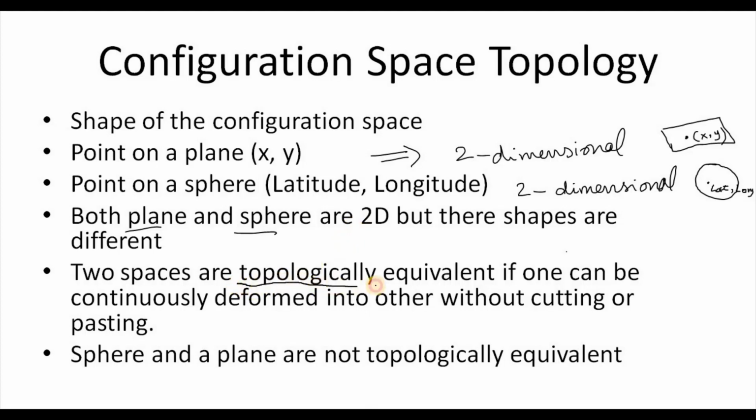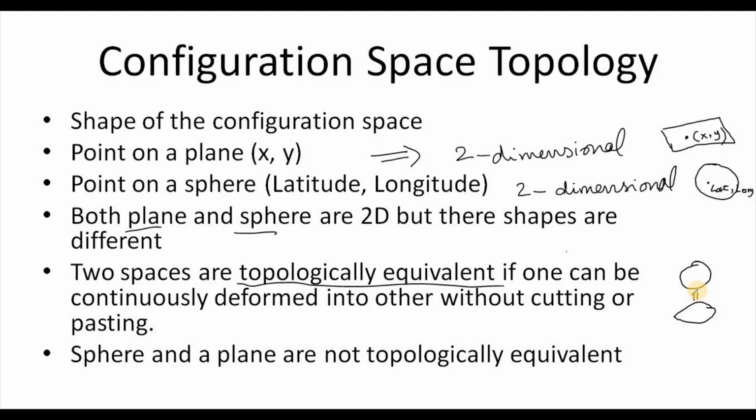So what are the examples of topologically equivalent configuration spaces? For example, a sphere and an oval shape are topologically equivalent.